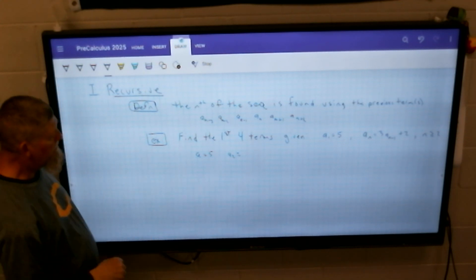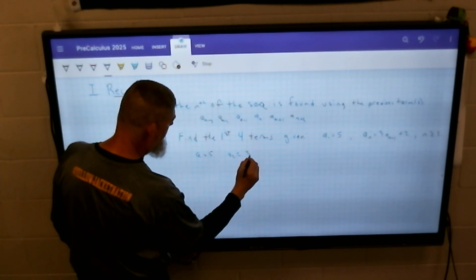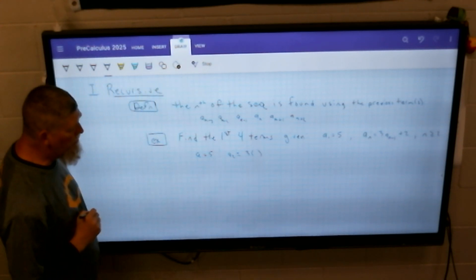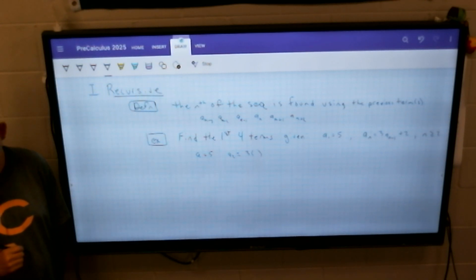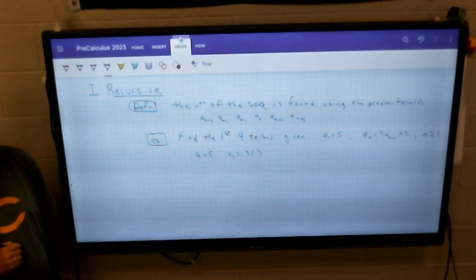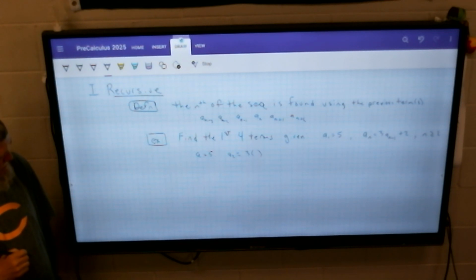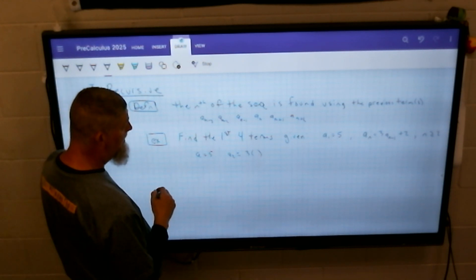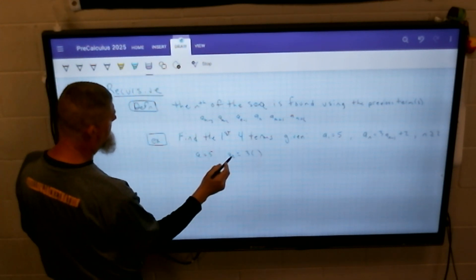Plug in 2. 3 times, what am I going to plug in for a sub n minus 1? 5.